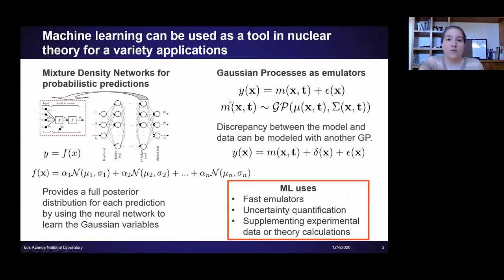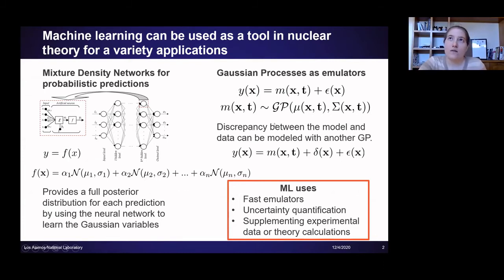Then the second thing I'm going to talk about is using Gaussian processes as emulators, which again has come up a lot in the field to this point. But the idea is generally that with your model, you're describing some type of data that has an uncertainty on it, and you just replace your model with this Gaussian process emulator, which has some mean function, a kernel function, and it's just a distribution of functions that you're mapping, or you're figuring out a map between, again, input and output.